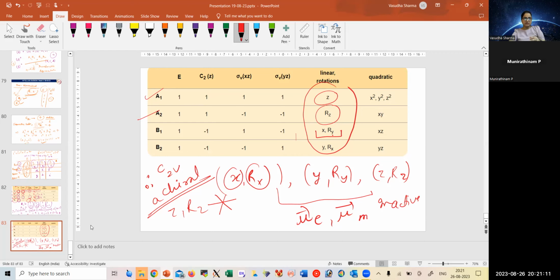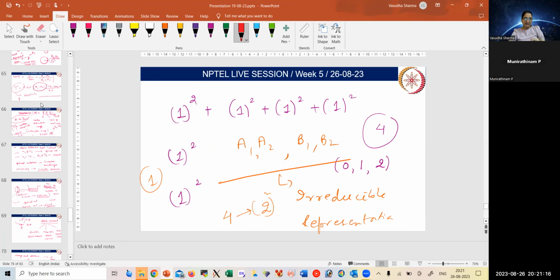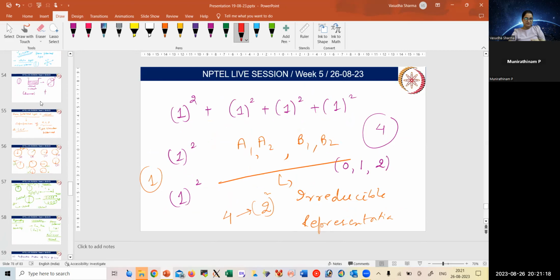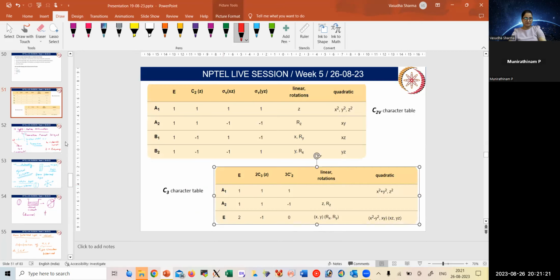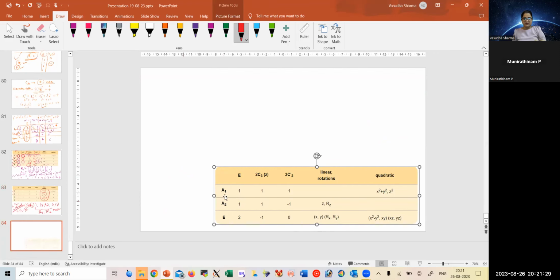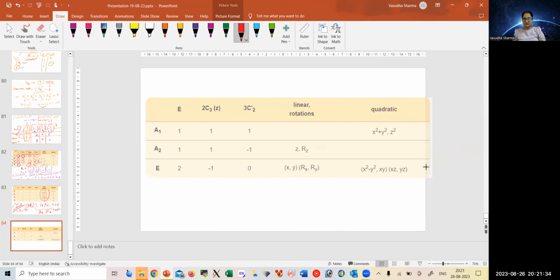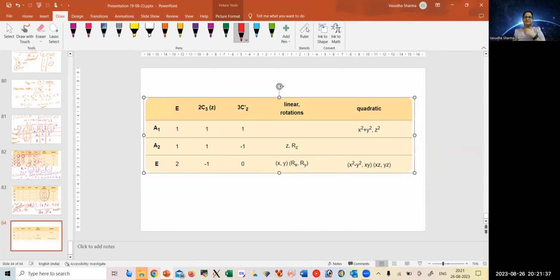Now, we will take a case of the character table of a chiral molecule. Okay.